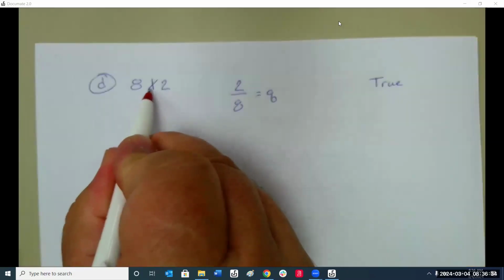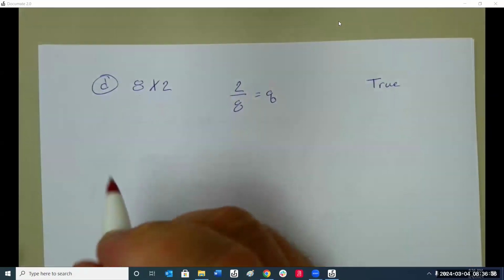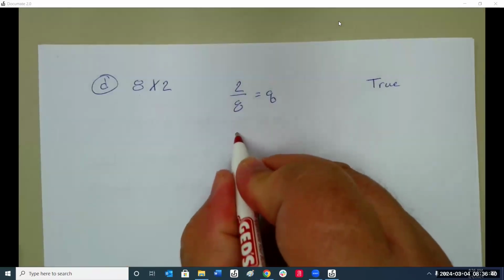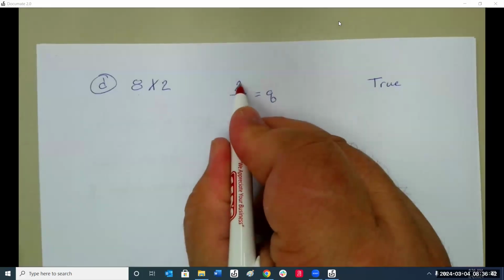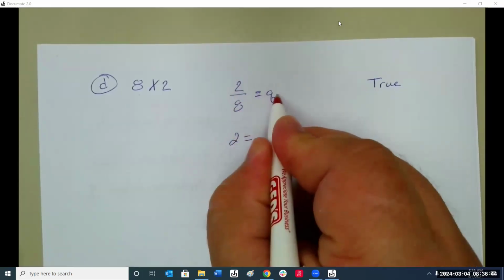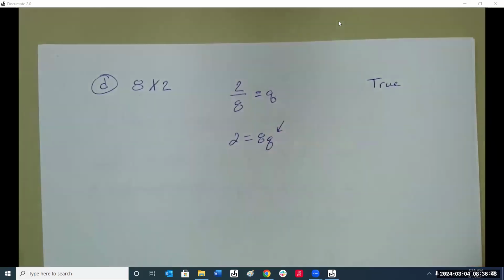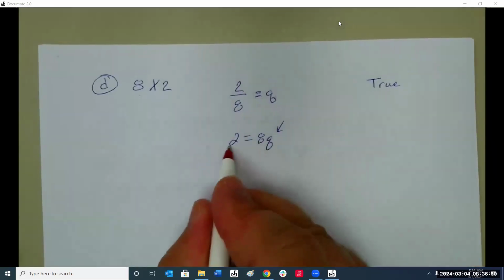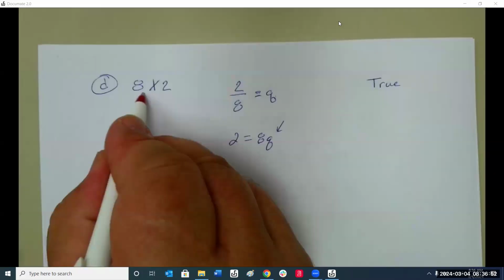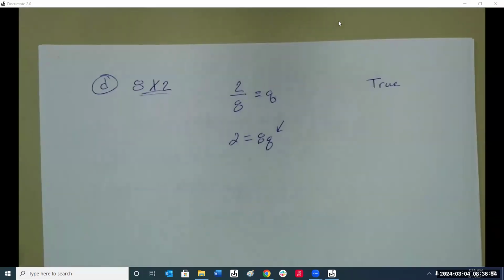It says 8 is not a divisor of 2. So that would be true. What it says here is 2 divided by 8 equals some unique number. So is there any whole number Q that when I multiply it to 8, I get 2? No. So it's true because it's not a divisor. You're right, but it's not what that was asking.